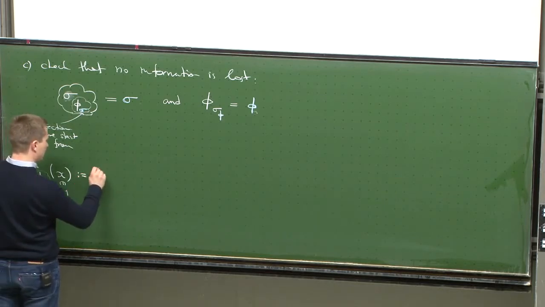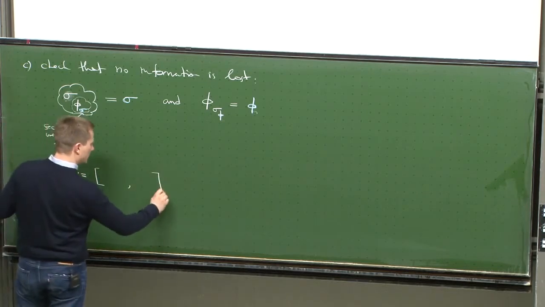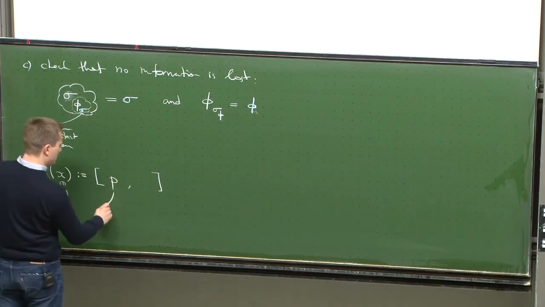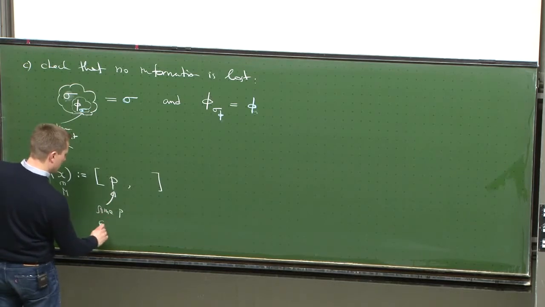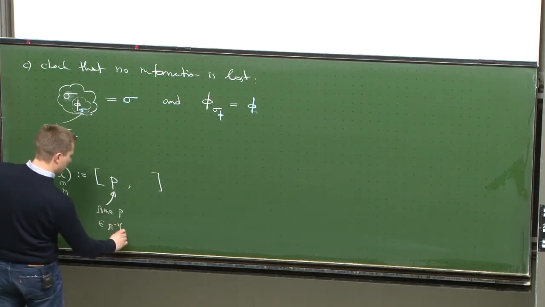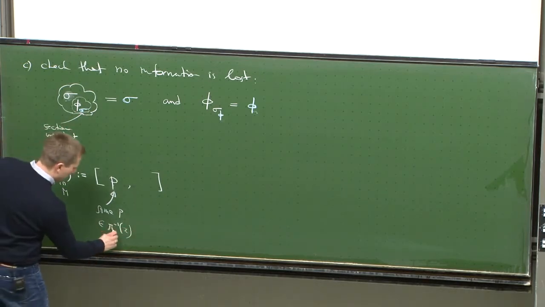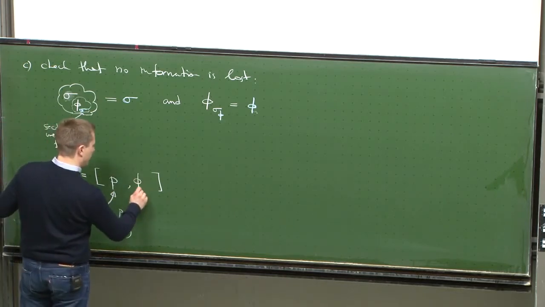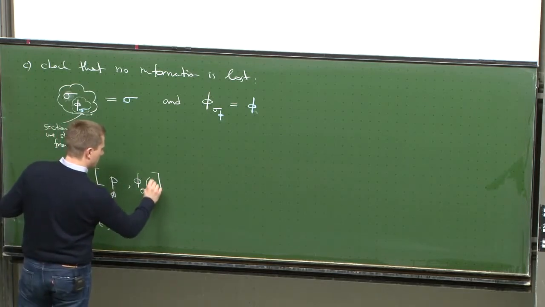That was defined as the bracket, because it's supposed to map to the associated bundle, of some p that lies in the fiber over x, the fiber in the principal bundle over x, and here we have phi sigma of p.